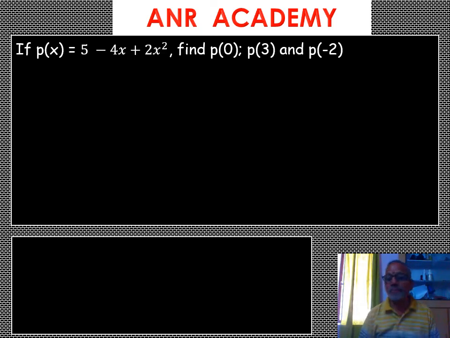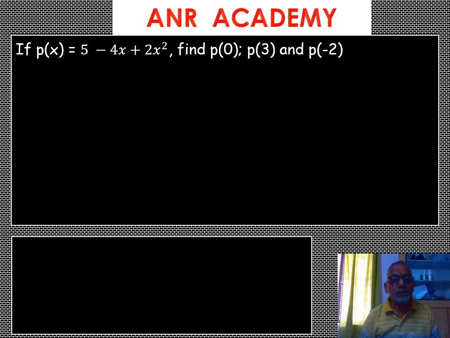That means you have to replace the variables with the given values and find the value of that polynomial.